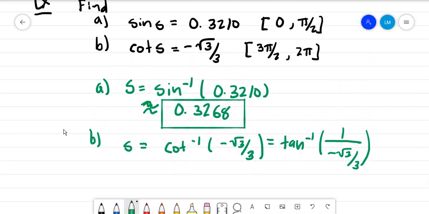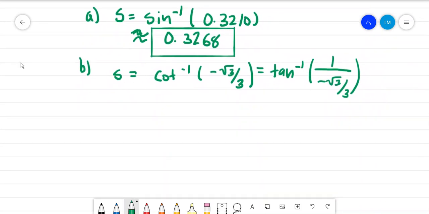So only really use the approximation whenever it's restricted to the first quadrant and the trigonometric function is equal to some approximated value, because in that case it's easy, just take the inverse using the calculator. But if it's an exact value, that's where it gets a little tricky, and that's mostly because the definitions are not exactly what you think they are.